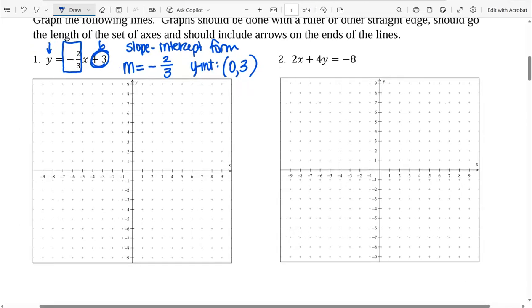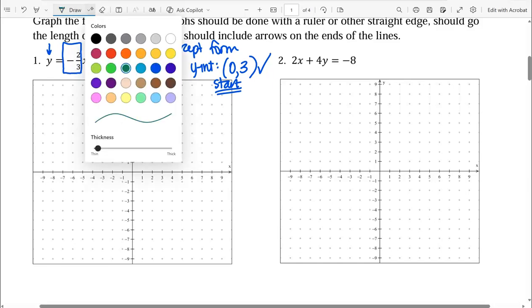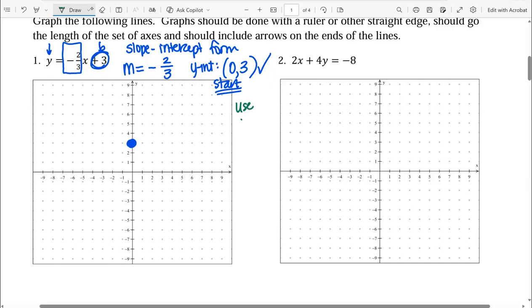Just like we talked about in our last lesson, if I have a y-intercept and a slope, I am ready to go into the graph. I always start with that point. 0 side to side, 3 up, plot your point. Then I use my slope to find another point.